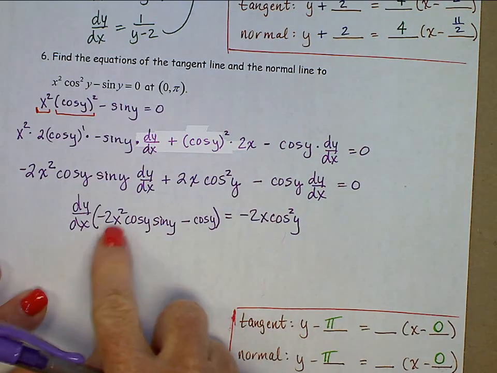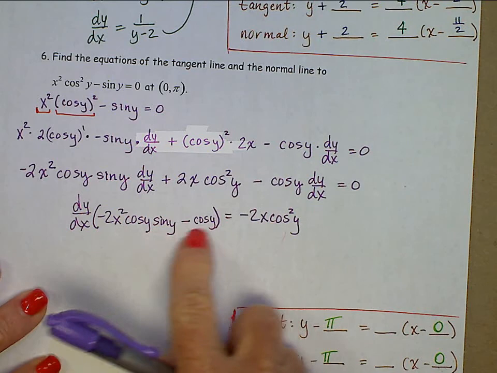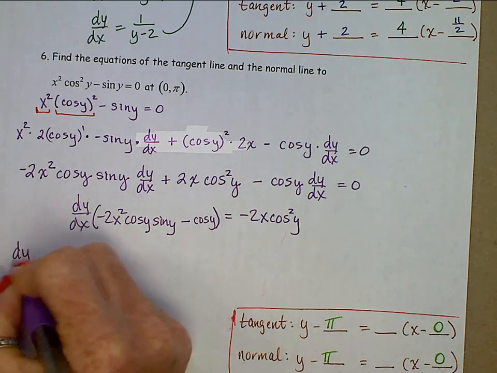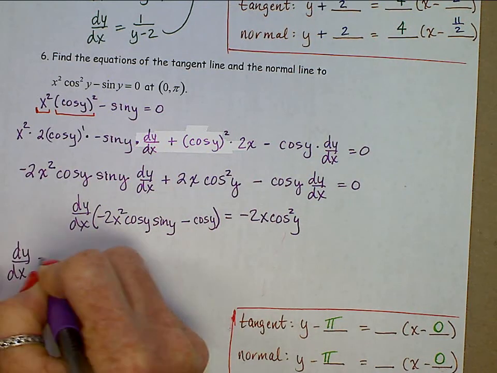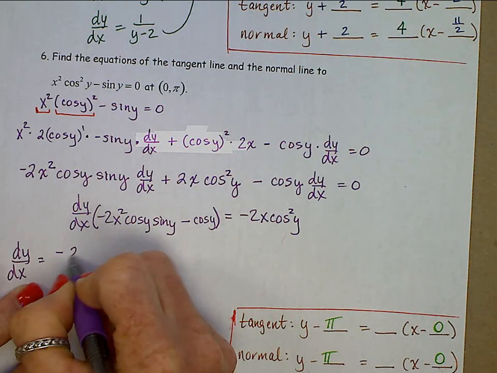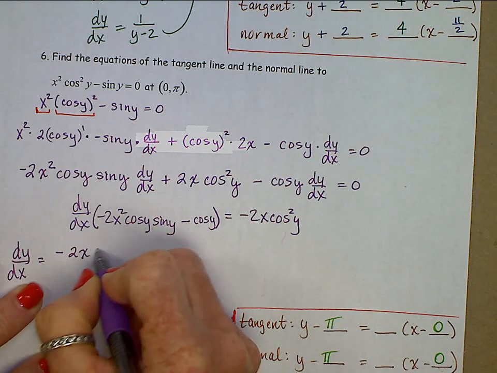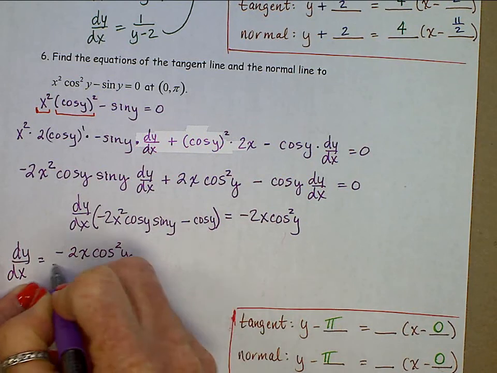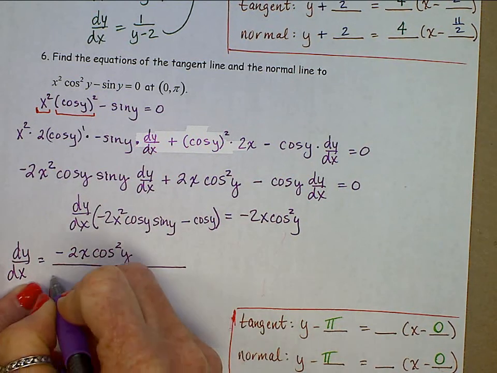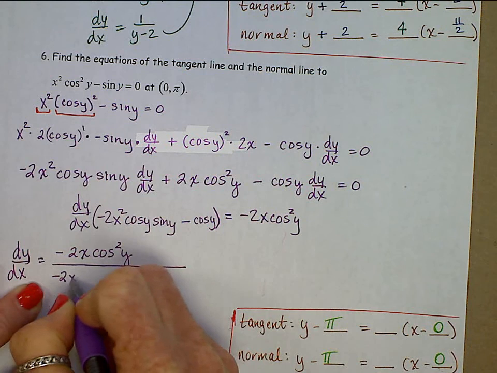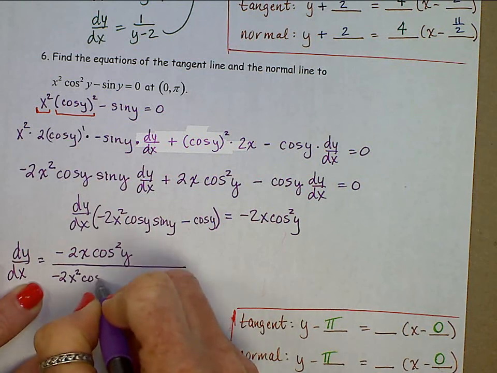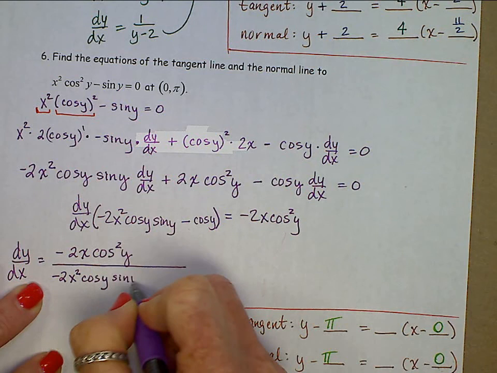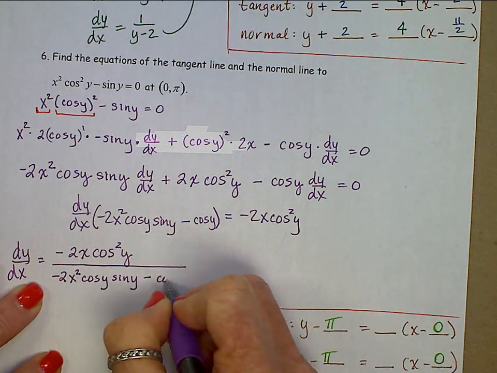Now we can divide by this mess right here. We have dy dx equals a negative 2x cosine squared y over a negative 2x squared cosine y sine y minus cosine y.